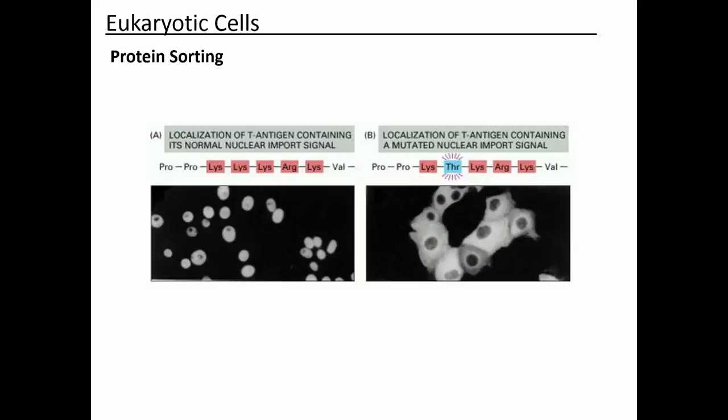If you look at these two pictures here, you're staining the cells for a very specific protein. When you stain the cells, the parts where the protein is located light up in the picture, and the parts that lack the protein remain black. So here the nucleus of every cell is lighting up because the protein is located in the nucleus.